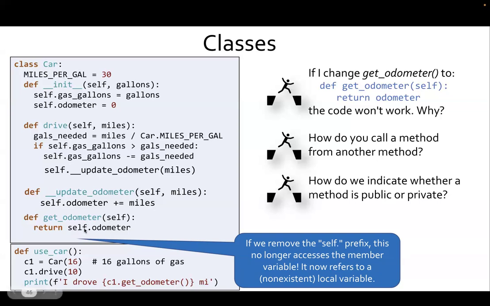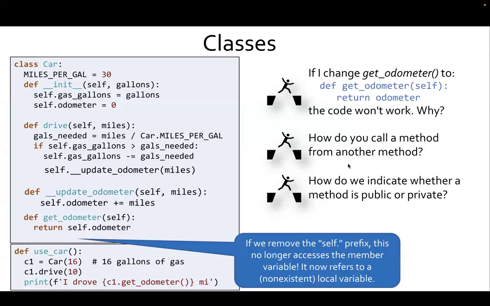So if we delete it, the odometer will be somehow an undefined variable outside of the class. Yes, the self is kind of like this in C++. So it's no longer referring to the attributes or variables inside of the class if we delete the self.